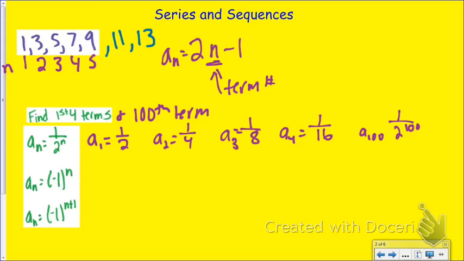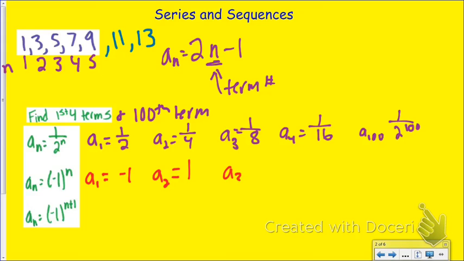Alright, these next 2 sequences are very similar to each other. So this first one, -1 to the n power. If you notice that -1 is in parentheses, which makes a difference. So if I were to do the first term, that would be -1 to the first power, which is just going to be regular old -1. But if I move on to the second term, when I square that negative in parentheses, it becomes a positive 1.